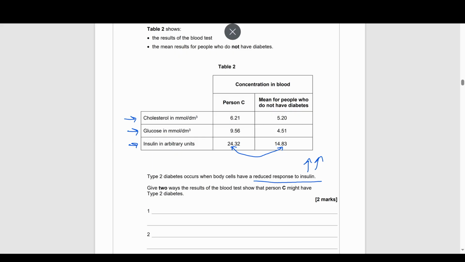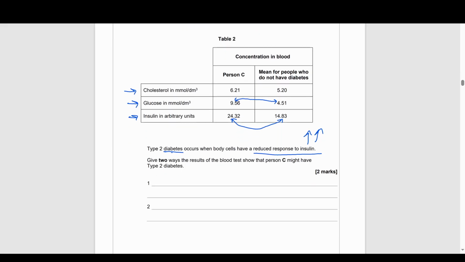So that would be our first way of telling. The other thing that we should expect then, because it's type 2 diabetes, diabetes is when you've got a higher concentration of glucose in the blood, would be that higher concentration of glucose, again compared to the mean.